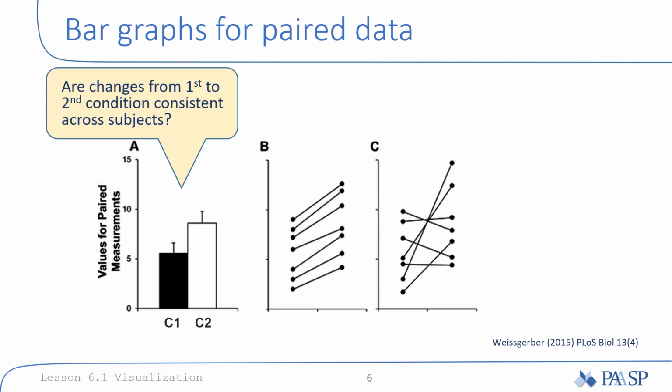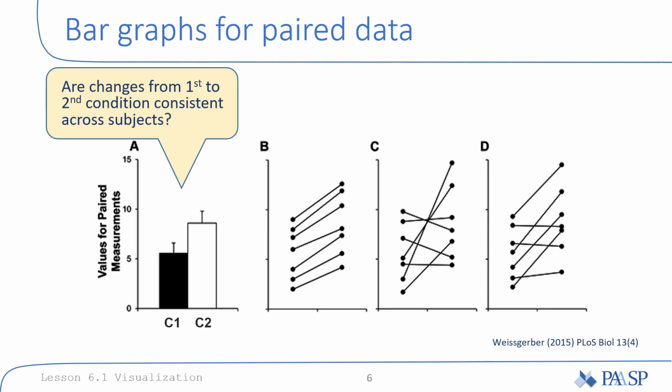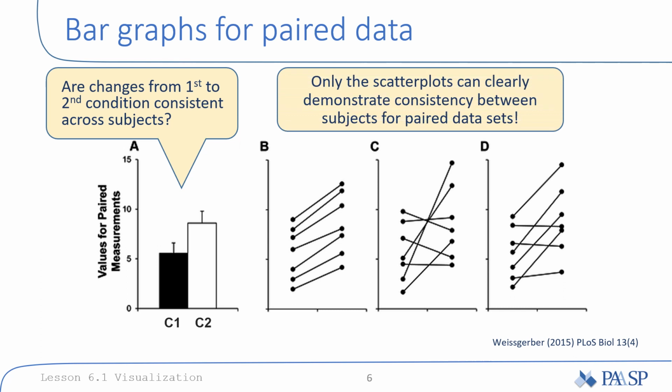In panel C, there are no consistent differences between the two conditions. And panel D actually suggests that there may be distinct subgroups of responders and non-responders. So only scatter plots provide a clear picture and demonstrate whether or not differences between two conditions are consistent for each subject.